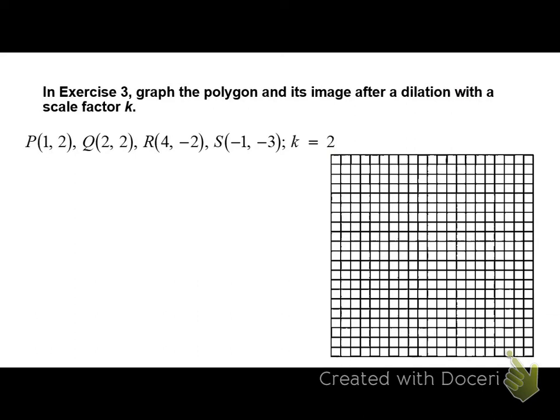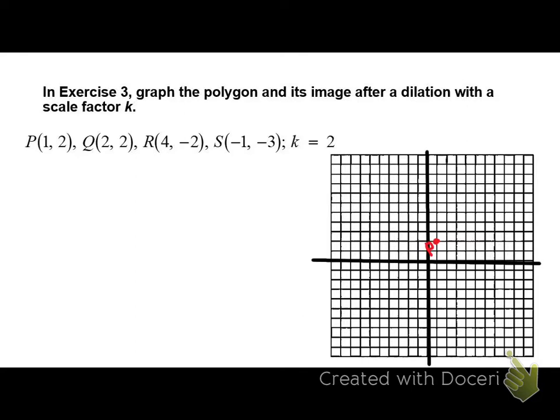Wonderful news. We got a graphing question. Go ahead and draw an x and y axis. You don't have to count to the middle. Just do the best of your ability. So P is over 1, to the right 1, up 2.